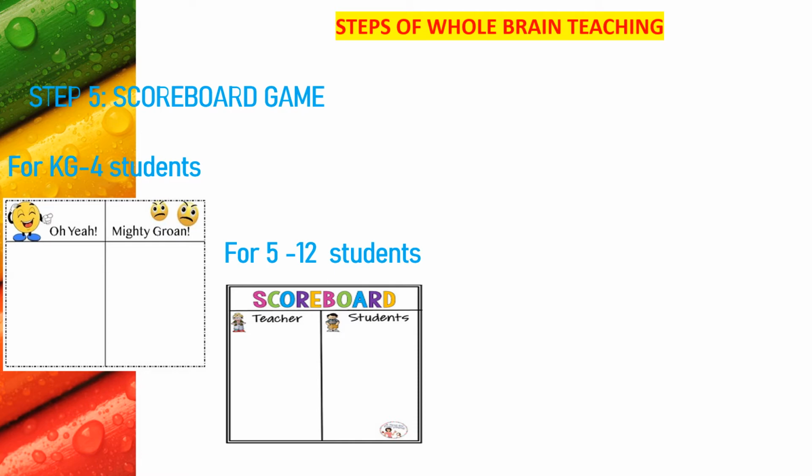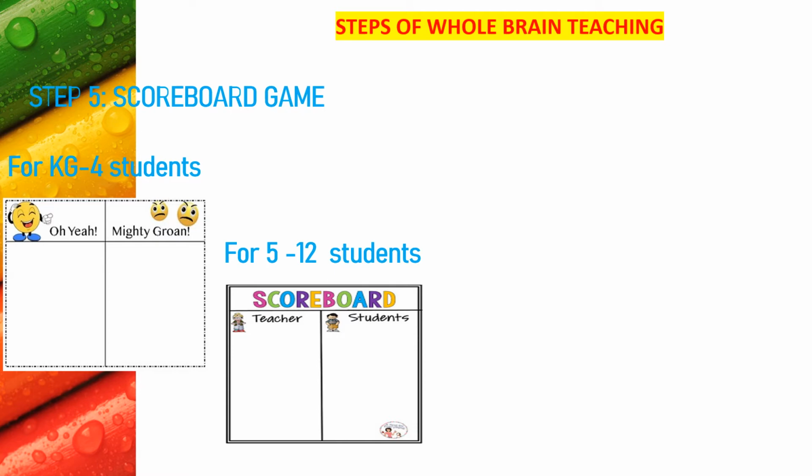So all the students get an Oh Yeah moment. That is the one-second party where the teacher exclaims and also gives a smiley to the Oh Yeah box. And if it is not done appropriately, they get a Mighty Ground, where the smiley of a sad face is tagged to that box.